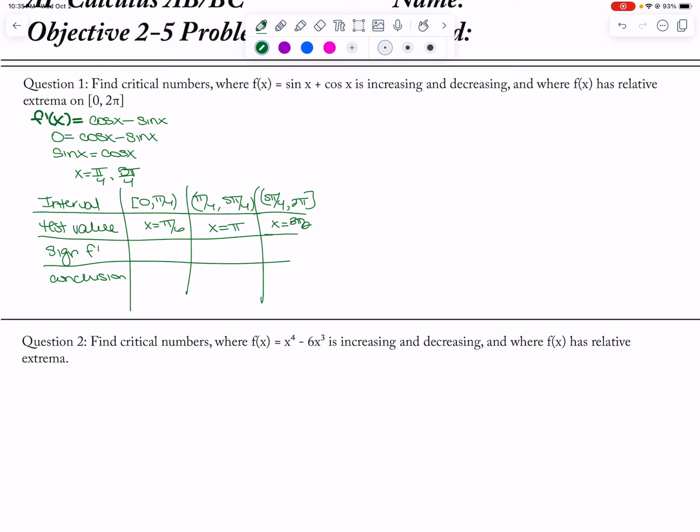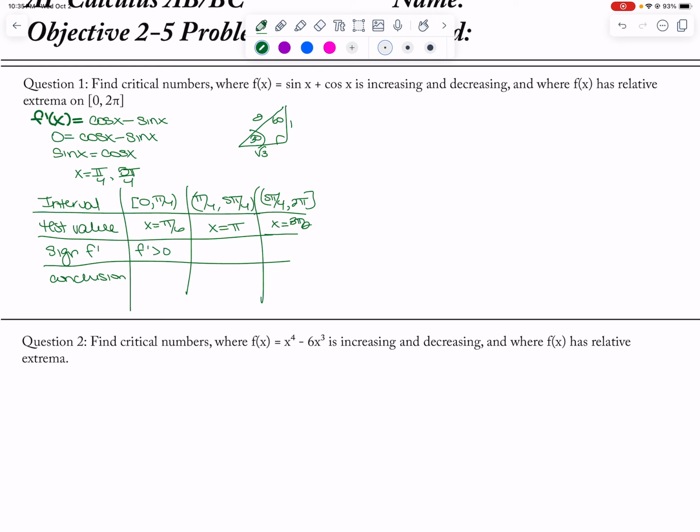Okay, so now f prime of pi over 6. Again, no shame in drawing a triangle. Pi over 6 is the same thing as 30 degrees, so I want cosine of 30, which is root 3 over 2, and then minus 1/2, so that's going to be bigger than 0.